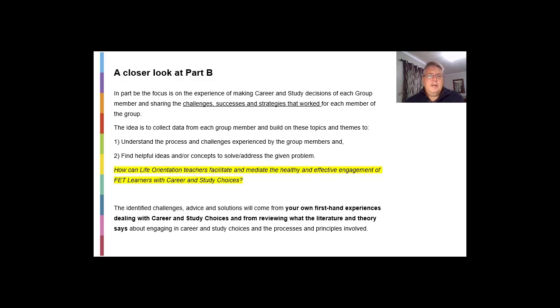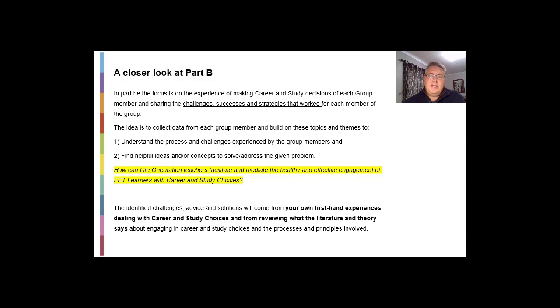So the idea is to collect data from each group member and build on these topics and themes. When I say data, I think qualitative data would definitely be the correct way to go. In other words, an interview or maybe written answers to a specific question.